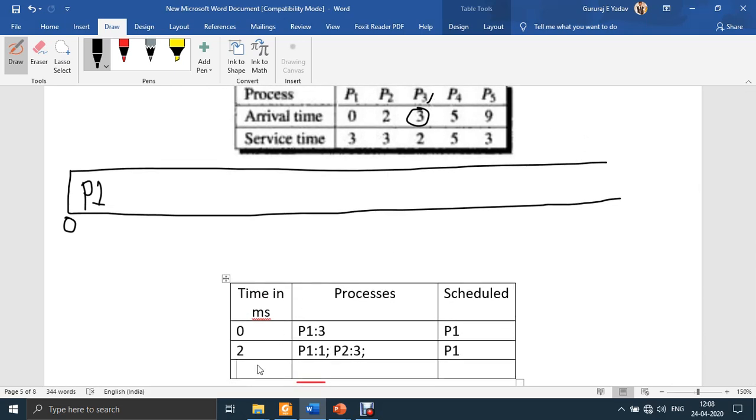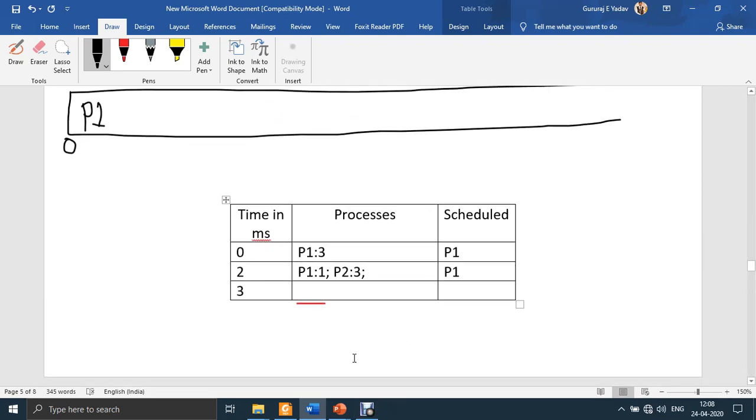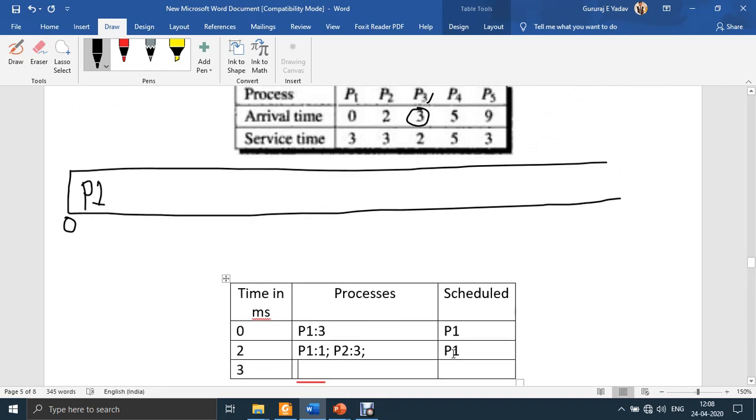So at 3 milliseconds, now we have to decide what are the processes in the system. So I'll write down here 3 milliseconds.